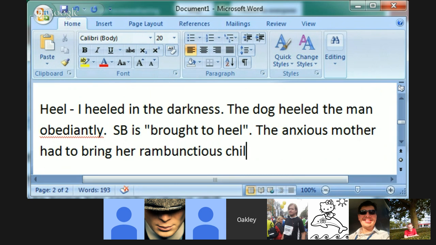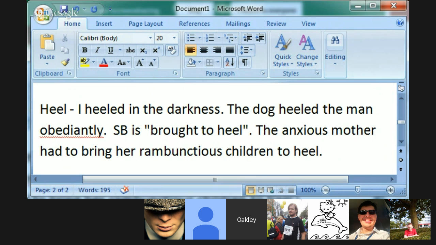There's a couple other words you might find useful in there. Get them under control is the idea. So even a rebellious employee who's doing something that the company doesn't endorse would be brought to heel by his boss.